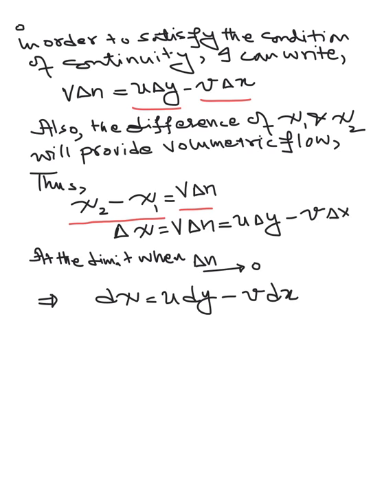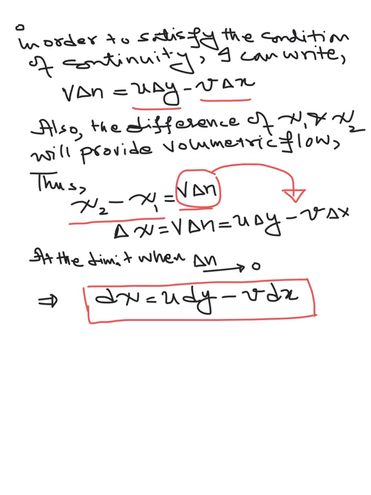So if del n multiplied by the velocity is the volumetric flow rate, and it has been equated and substituted with the value which we already determined, I can write del psi as this equation. Now in the limit, when this area del n becomes smaller, I can write this in terms of the ordinary total derivative.